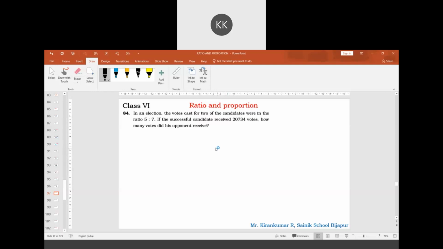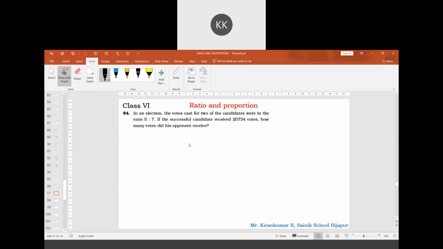Writing in the notebook is left to you. Since this is not from the textbook, it is from the exemplar, I am giving an option. It is good for you if you write. You can think over that.